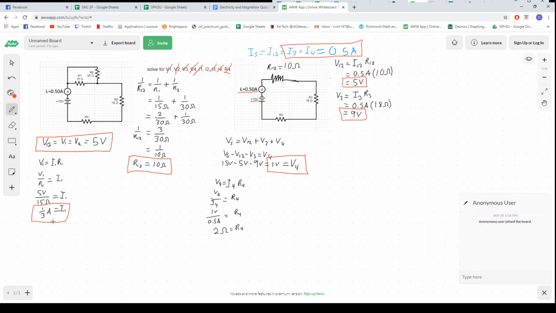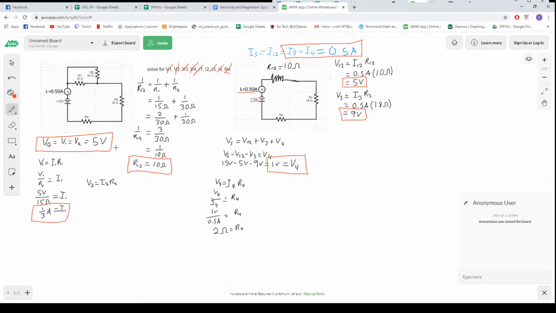Now for I2, V2 equals I2R2. Do we have all of our numbers that we need here? We're looking for I, so we're going to need R and V. R is given in the question, and V, from Kirchhoff's voltage law up here, we have is equal to 5.